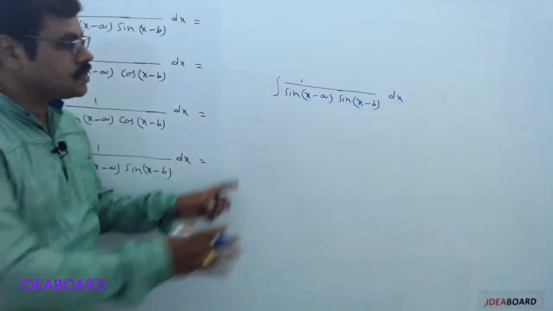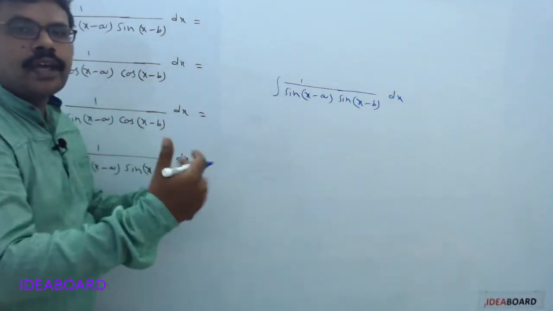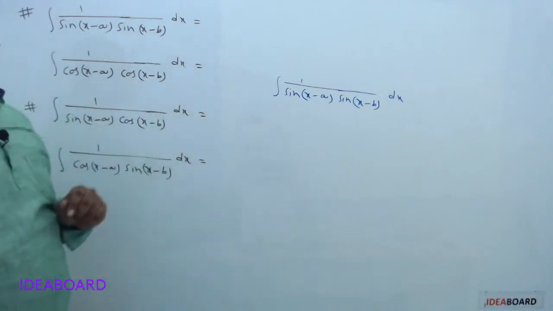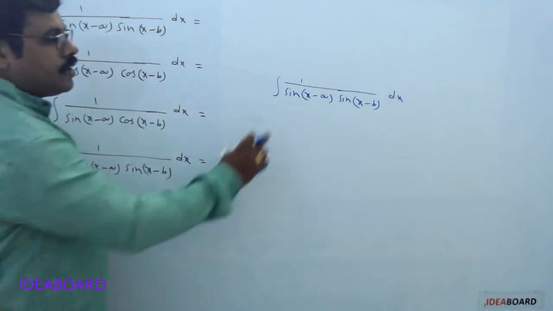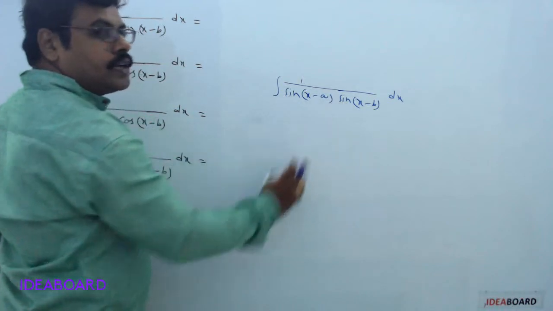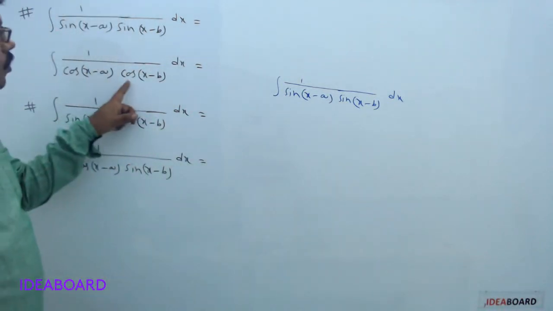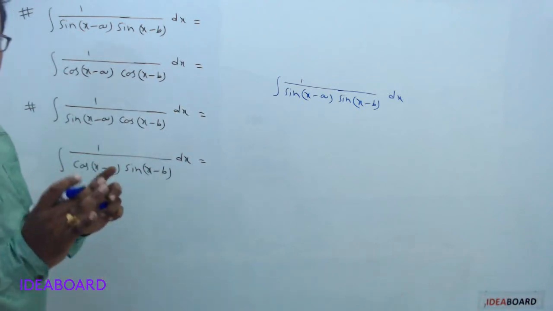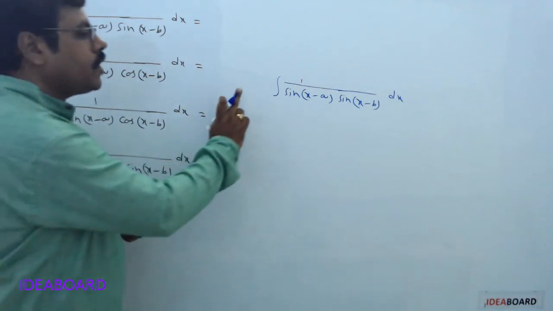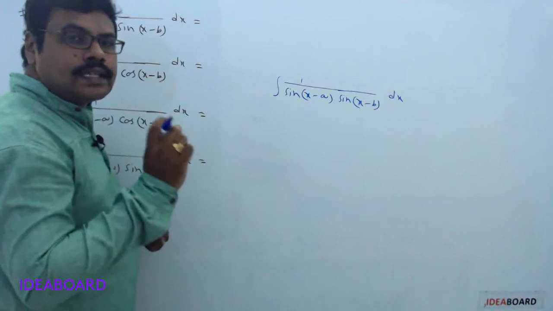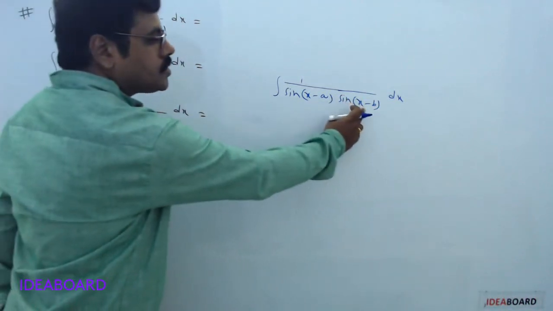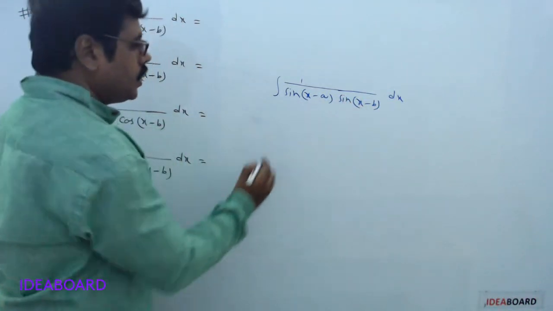So first we will discuss the procedure, then we will discuss the shortcut formula. In the denominator both are sine functions, or in the denominator both are cos functions. The procedure will be dividing and multiplying with the sine of difference of angles in the denominator.